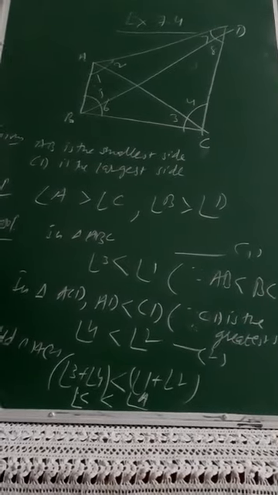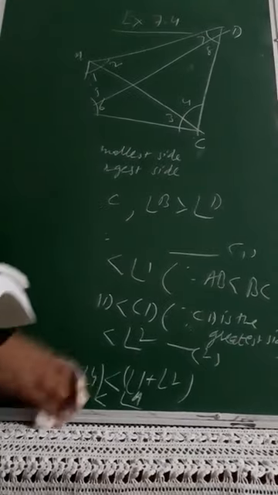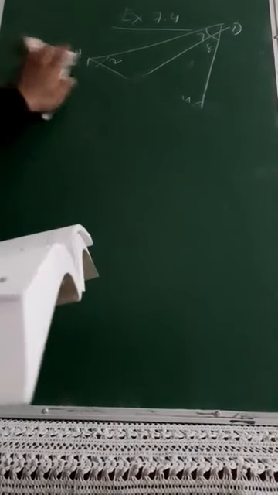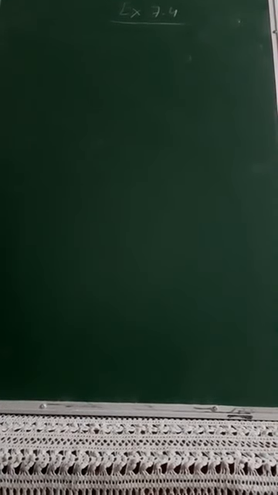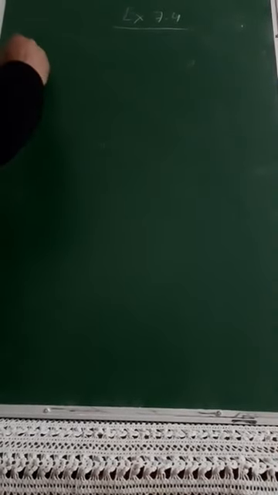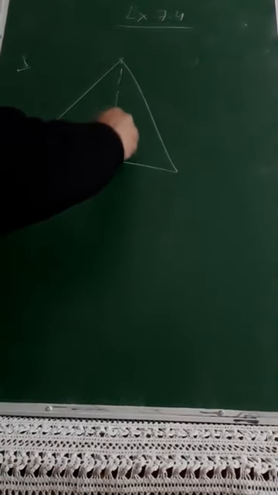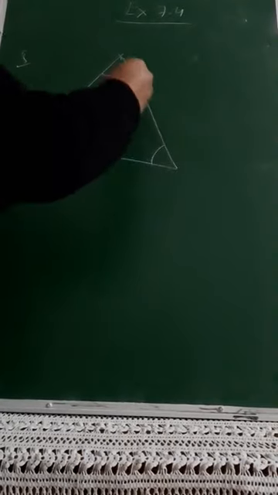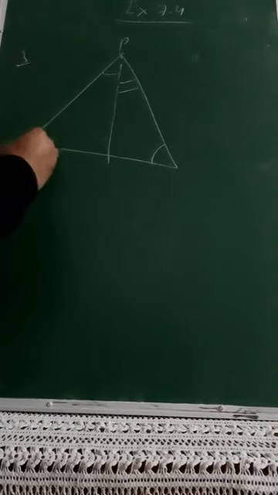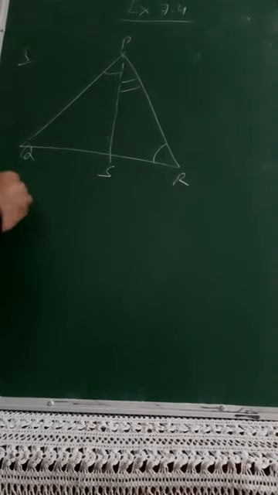Another question is there, that is your number 5. A figure is given to you with P, Q, R and S. Here PR is greater than PQ, this is given.